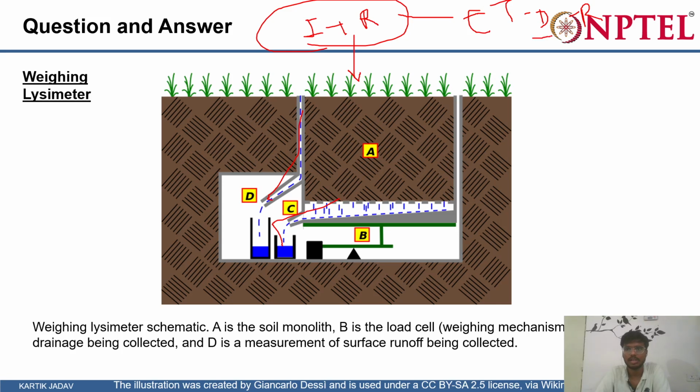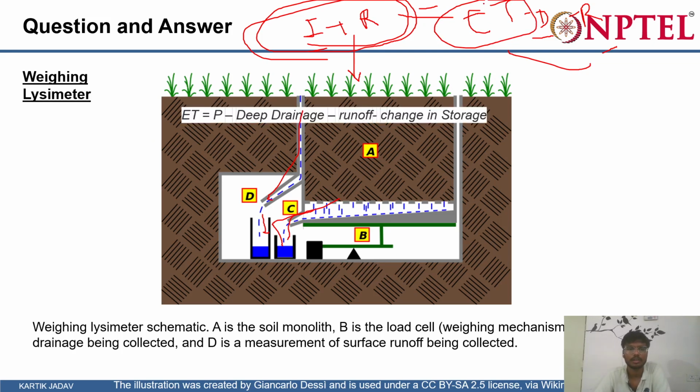We know the deep percolation, that is draining, and runoff, which we are also collecting, and irrigation and rainfall we already know based on what we have applied or how much rainfall fell on the particular area. So by putting all these values in this equation, we will be able to measure ET. This was already highlighted, right? The change in storage component also needs to be incorporated.